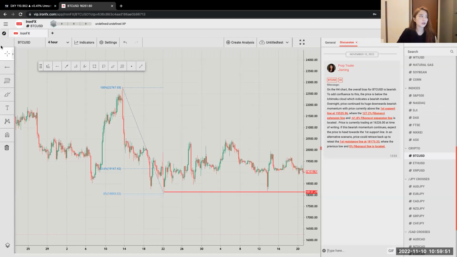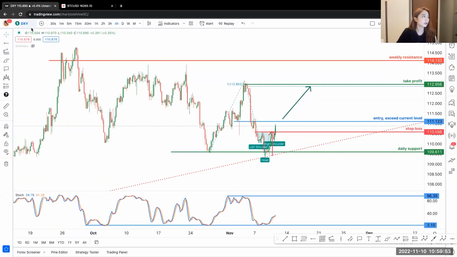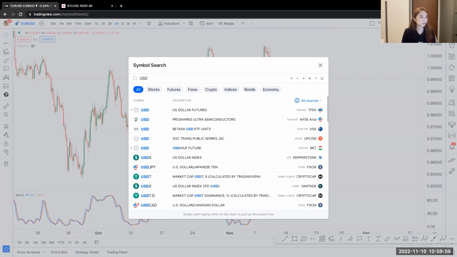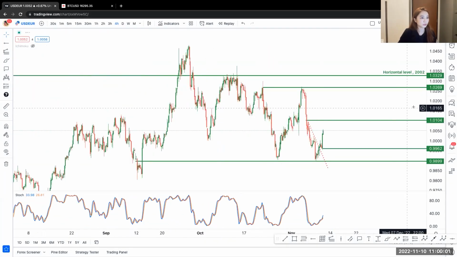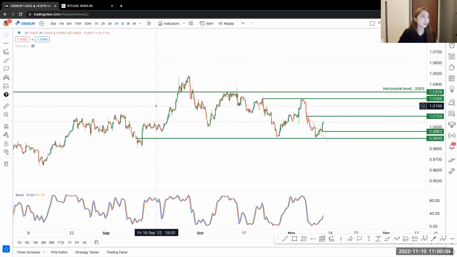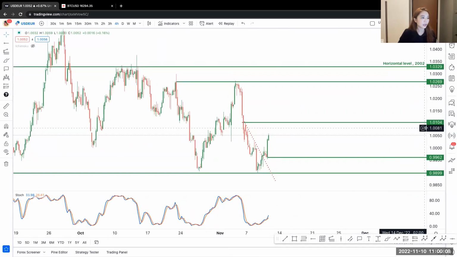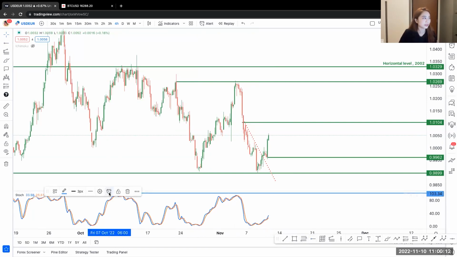Euro dollar. Didn't we do dollar euro just now? And then we are looking at euro. I remember dollar euro not being a very good pair.